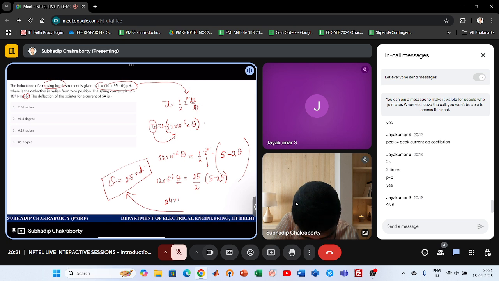So 24 into 10 to the power minus 6 theta, and this is 125 minus 50 theta. Then 50 plus 24 into 10 to the power minus 6 theta should be equal to 125. So what is the problem? 125 divided by 50 plus 24 into 10 to the power minus 6.